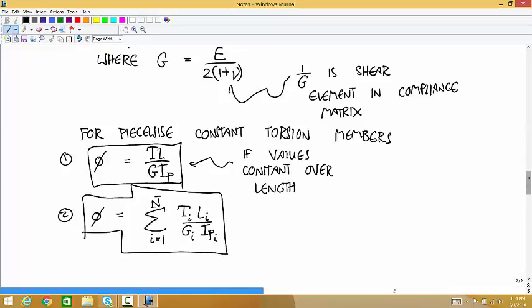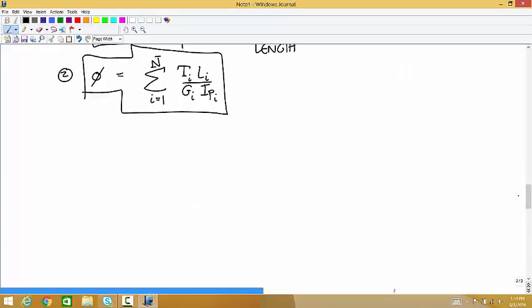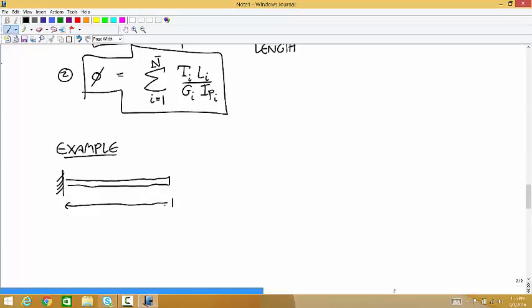Okay, so let me do an example. So say that you have this bar coming out of the wall. It's 0.6 meters long. And the only external load on it is a 700 Newton meter torque on the right end.